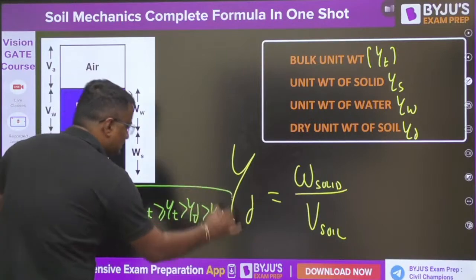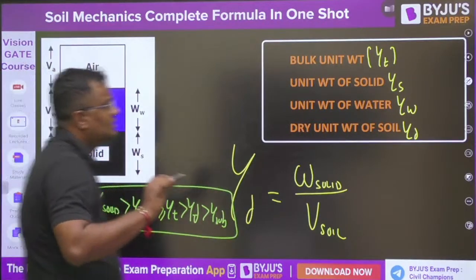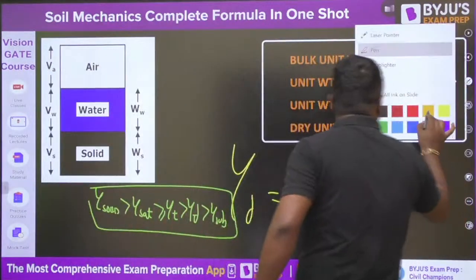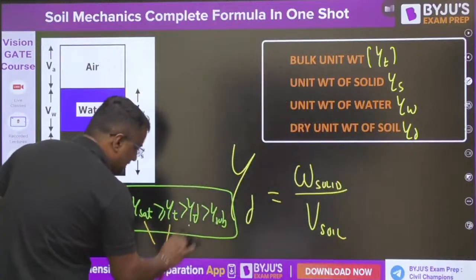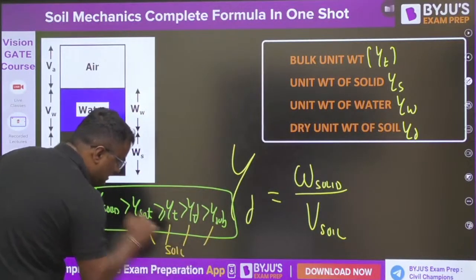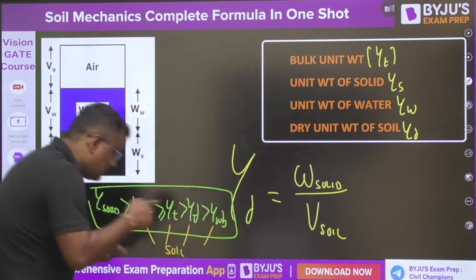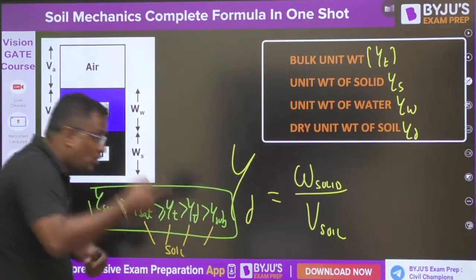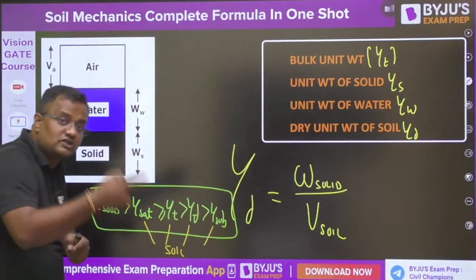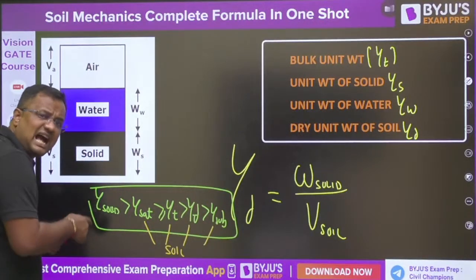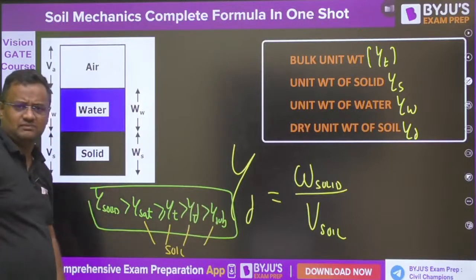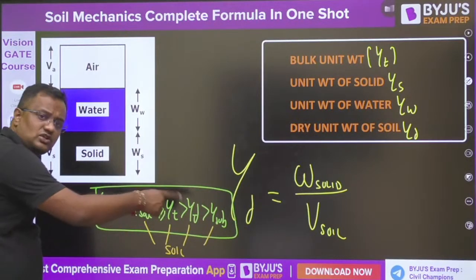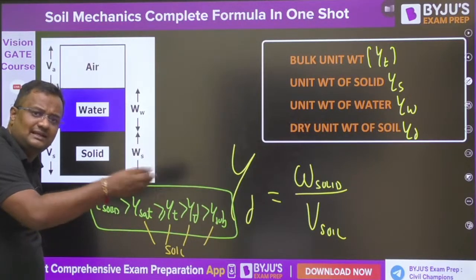Guys, all these things are for soil. Gamma saturated is for soil, gamma T is for soil, gamma dry is for soil, gamma submerged is for soil. Gamma solid is not for soil. Gamma solid means only solid. This is like the average marks of all subjects: physics, chemistry, math, English, Hindi, everything.